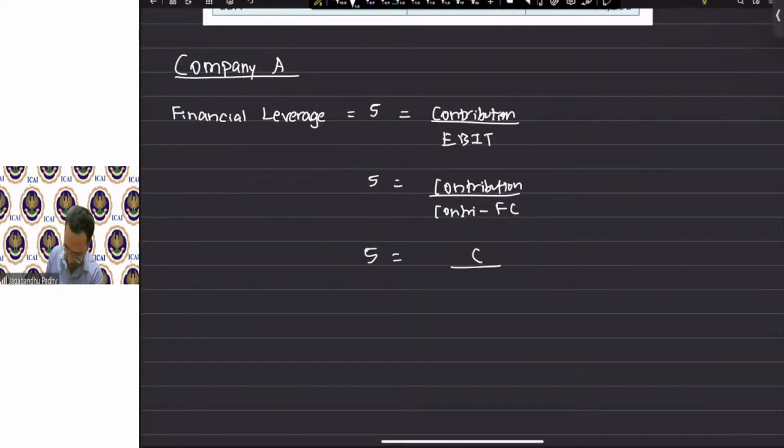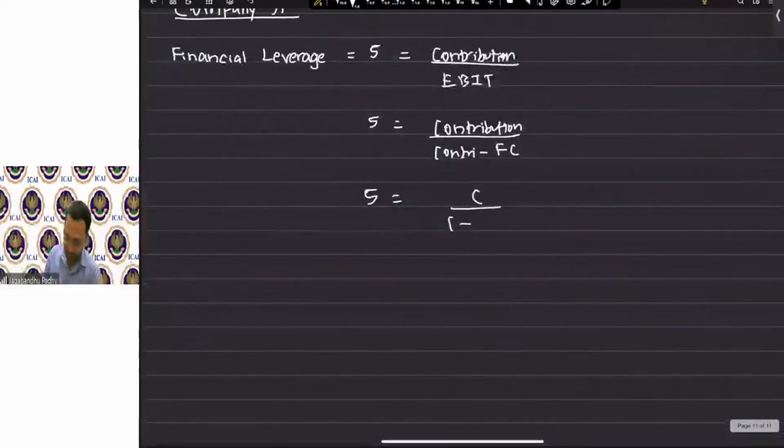So 5 is equal to C upon C minus fixed cost of 26,500.